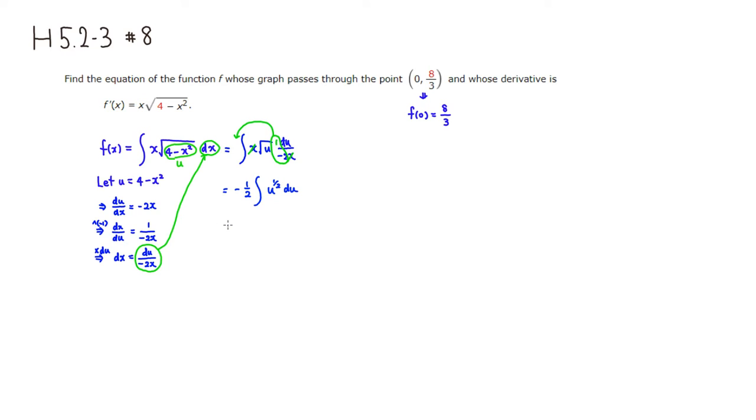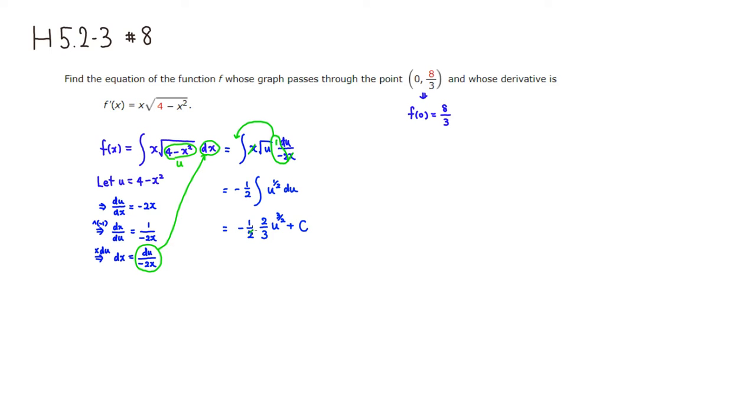Then find an antiderivative, so you have a negative 1/2. The antiderivative of that would be add 1 to the power, so 1/2 plus 1 is 3/2. Then dividing by 3/2 is equivalent to multiplying by 2/3, so I'm going to multiply by 2/3, plus some constant c. Then we can clean this up a little bit.